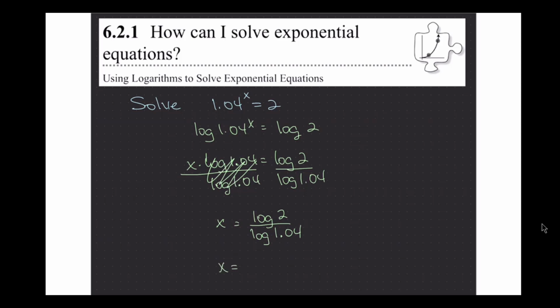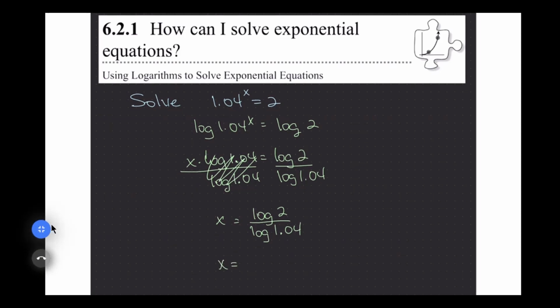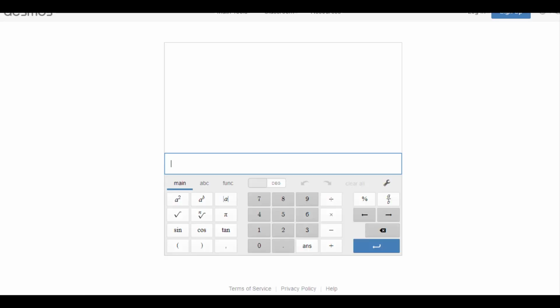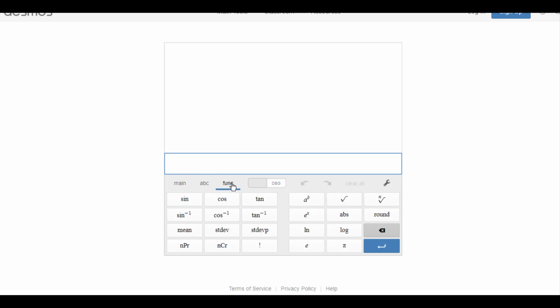So we're going to jump over onto Desmos. On Desmos, to get to our logs, you have that ABC main menu, and you squeeze over to function, and then it'll tell you log right there. So click that.